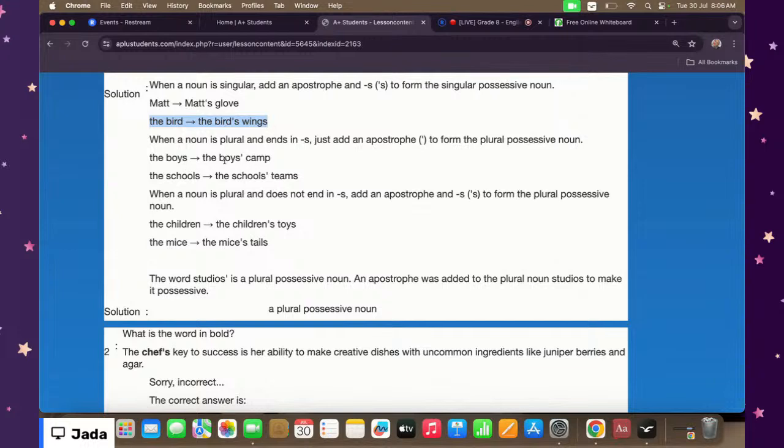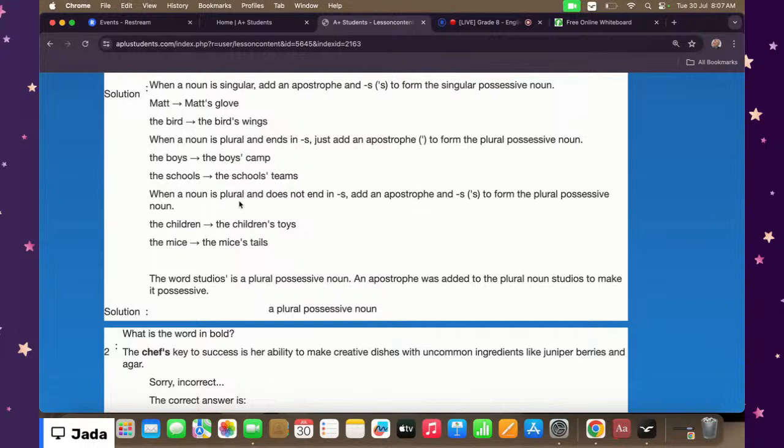So the apostrophe comes directly after the S. Just like we have here, the boys' camp. Now the boys were already plural. That means it's more than one boy. It's a lot of boys. So it's already in the plural form, so we need to just add the apostrophe after the S.